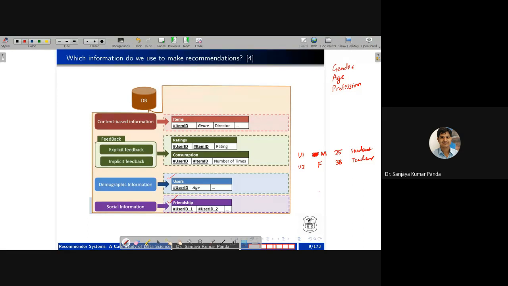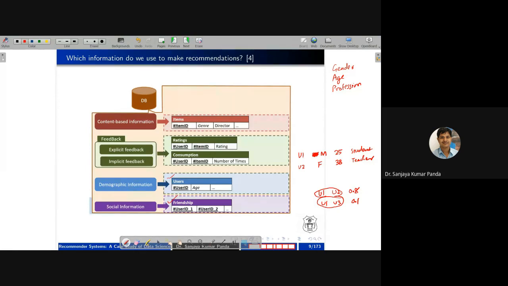Like U1 and U2, their friendship is let's say 0.8. U1 and U3, their friendship is 0.1. So in comparison to U1 and U3, U1 and U2 are close friends. Such information can also be maintained in the friendship table.